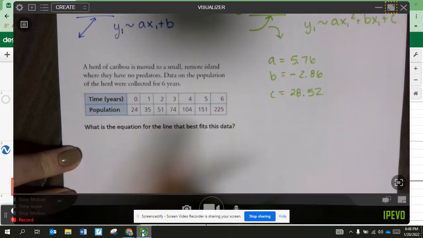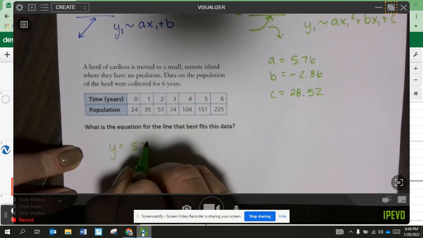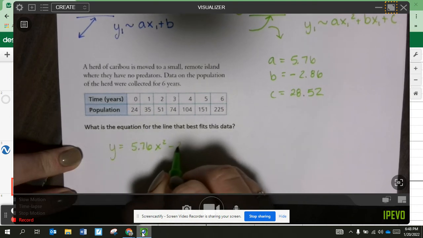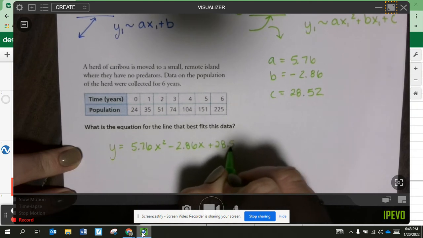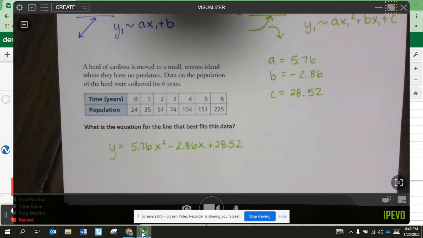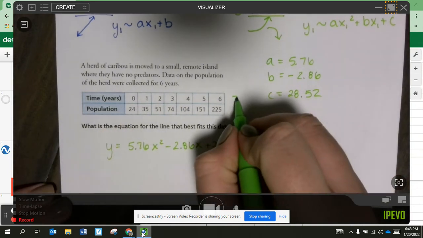So when it's asking for the equation, you're going to have y equals 5.76x squared minus 2.86x plus 28.52.